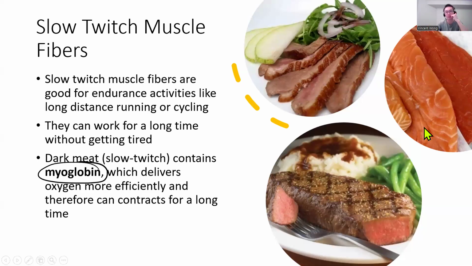Salmon, which is also dark meat, is red in color because salmon has to swim against the current all the time, and they can't get tired. If they get tired, they just get washed off, right? So to constantly fight it, you need muscle that allows you to have endurance without getting tired.